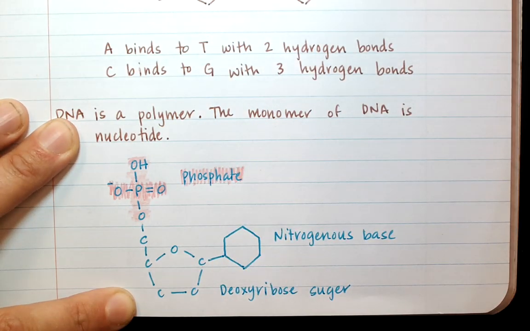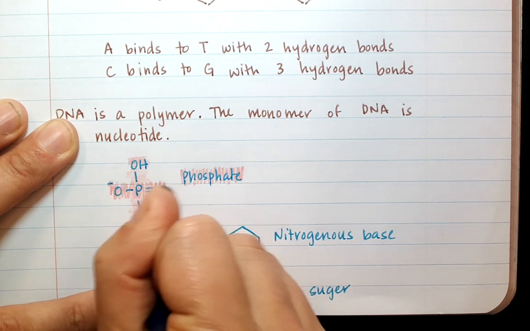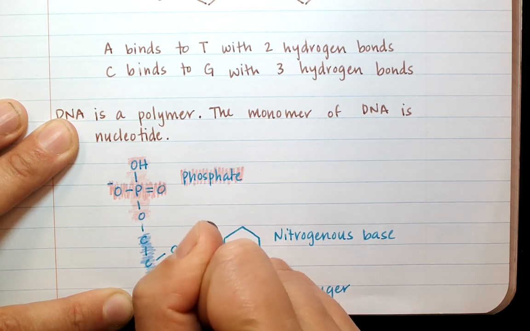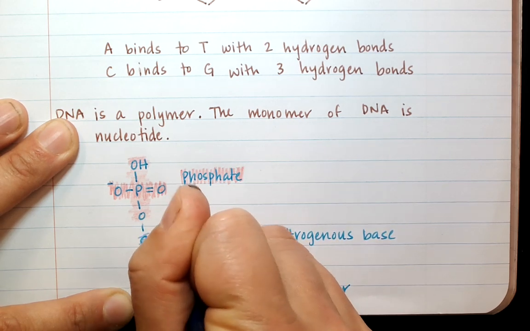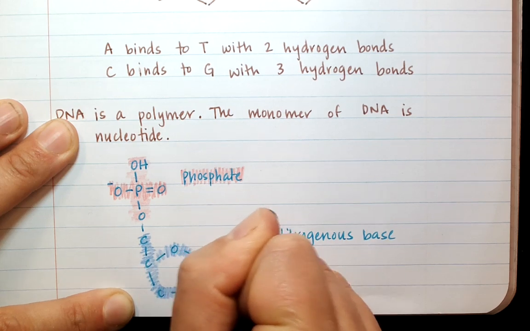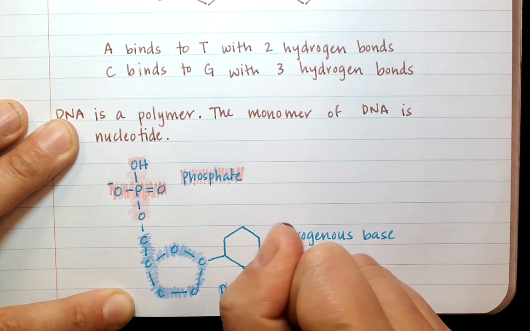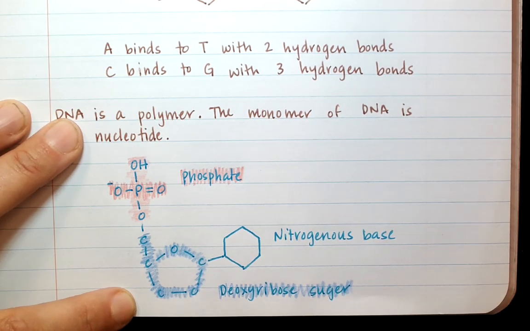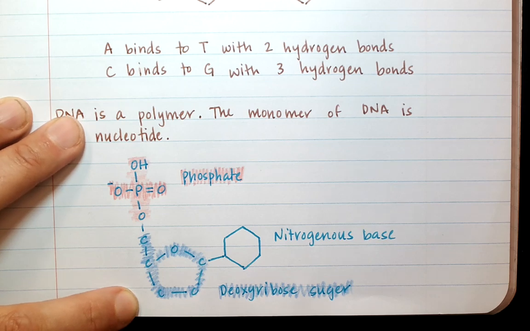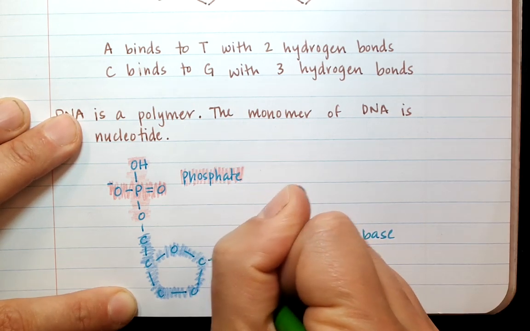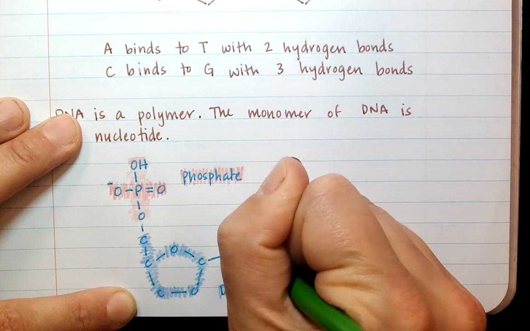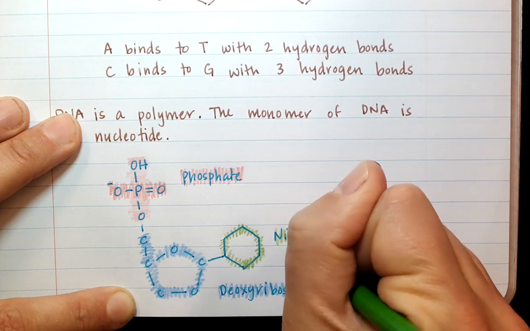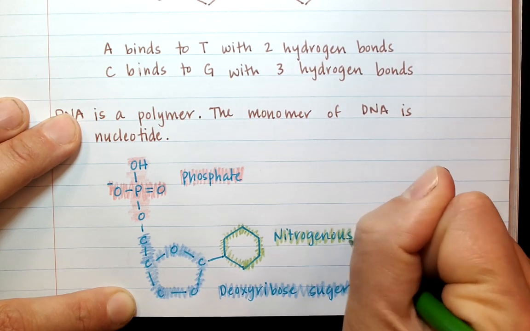Let's label this sugar blue. Blue on blue can be a little bit hard to read, but you get the idea. And then last but not least, my nitrogenous base, I'm going to make green because that is the colored pencil that I have available. You can color it however you want.